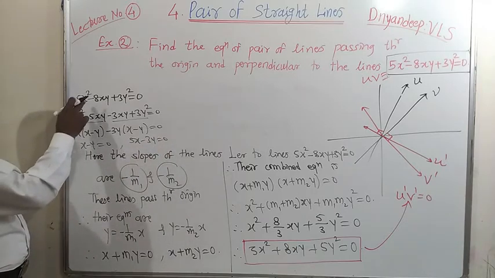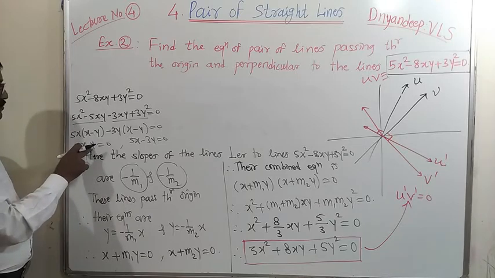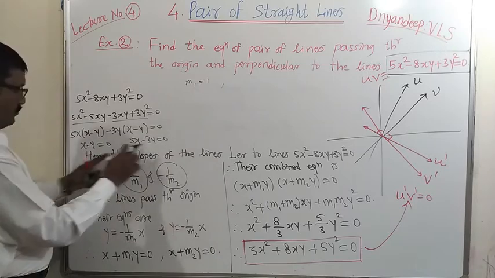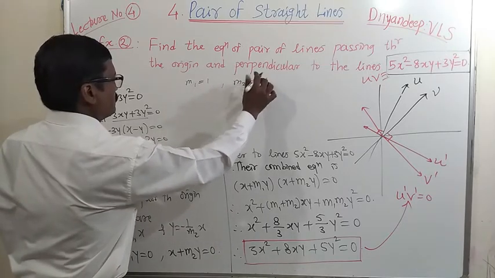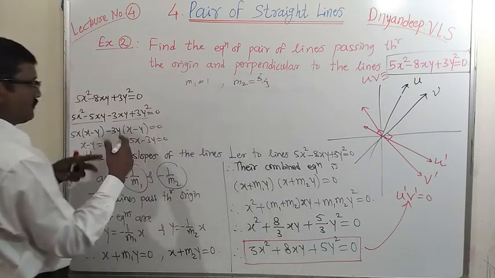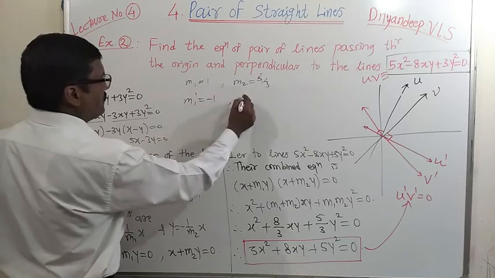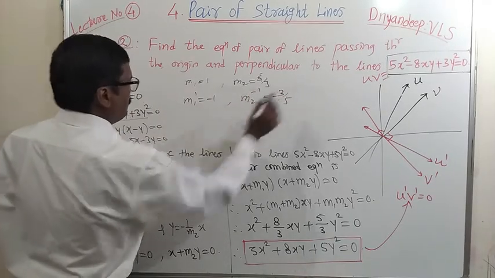That means in this first step we have separated these two lines. Now we get slope of this line as 1, M1 equal to 1, M2 equal to 5 by 3. From that the slopes of perpendicular lines will be, suppose M1 dash equal to minus 1 and M2 dash equal to minus 3 by 5.